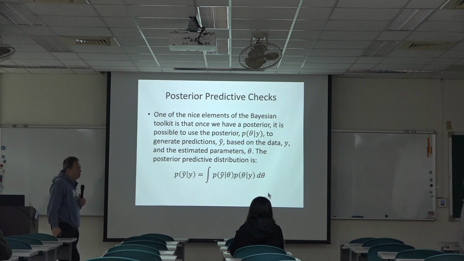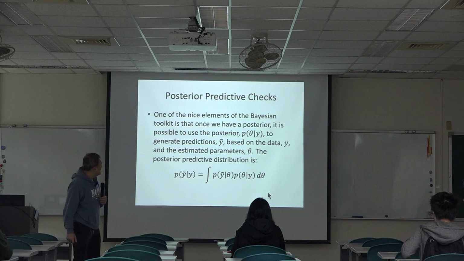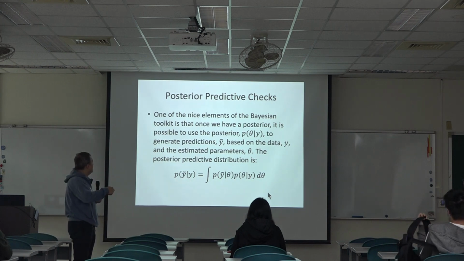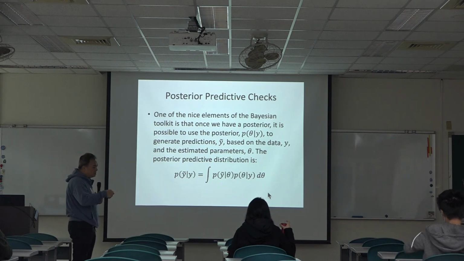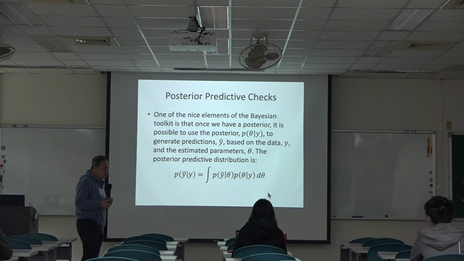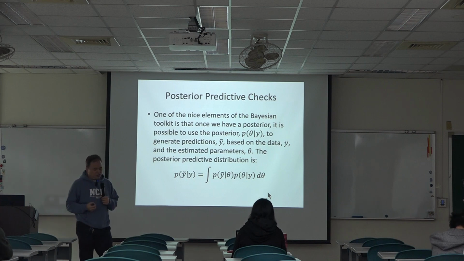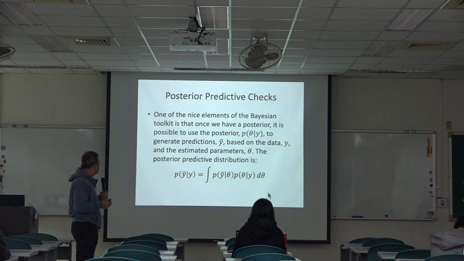In Bayesian data analysis, we do it through the posterior predictive check. You can consider the posterior predictive check as the way to verify whether what you have done so far is correct or not.